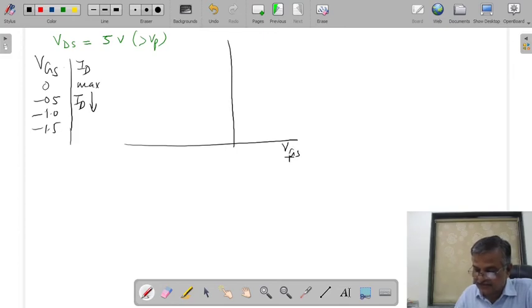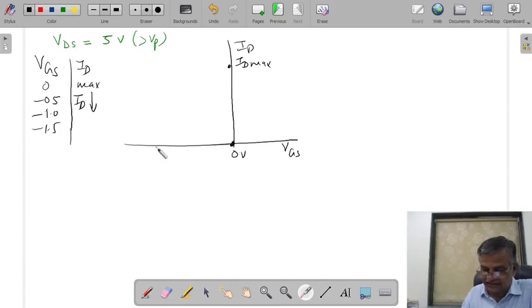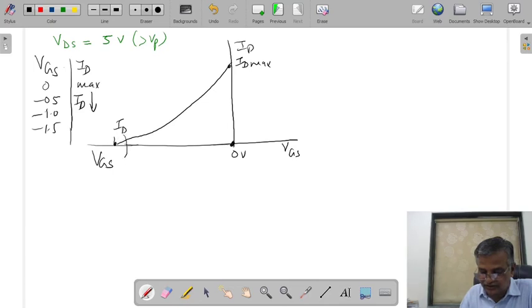This is VGS, this is drain current. When VGS is 0, your drain current is maximum. As this voltage increases in the negative direction, the drain current decreases. So I'll show you the graph is like this. At a certain value of the VGS, your drain current is 0 at this point.